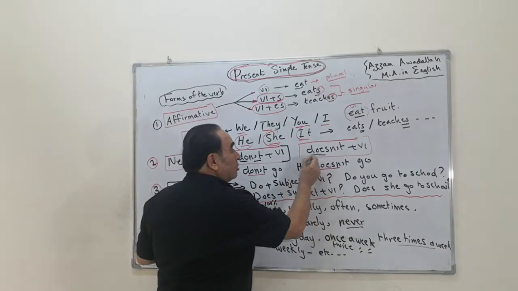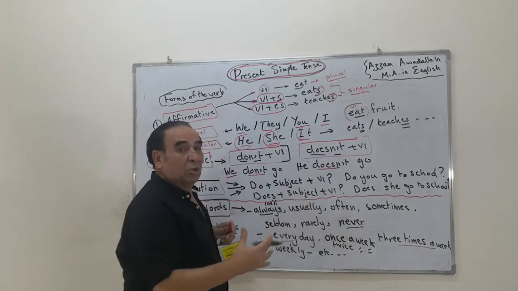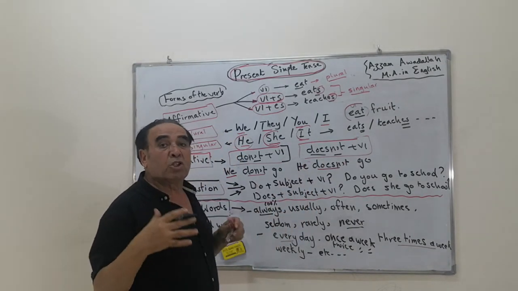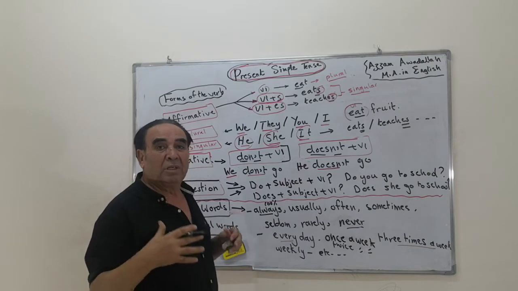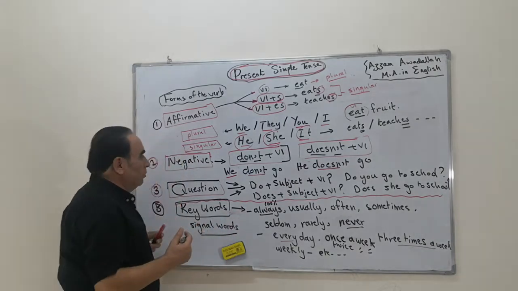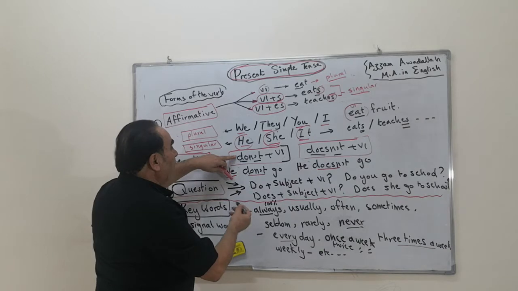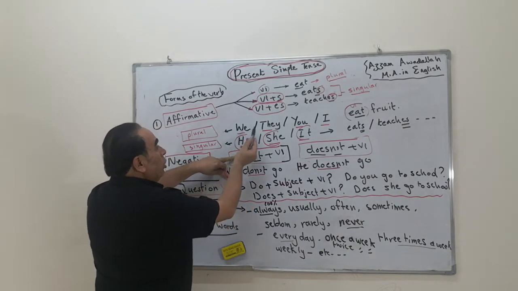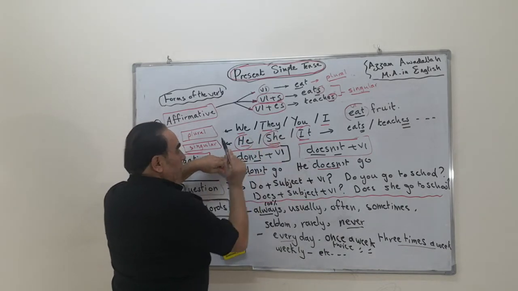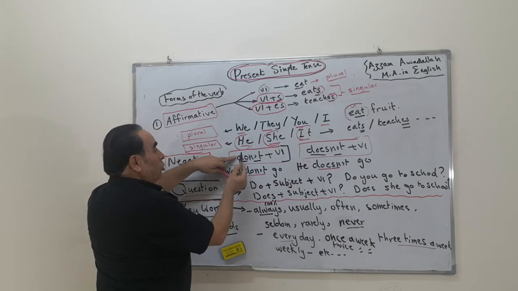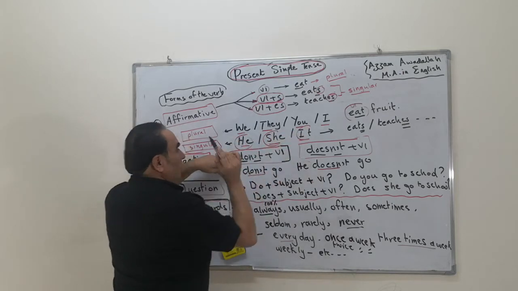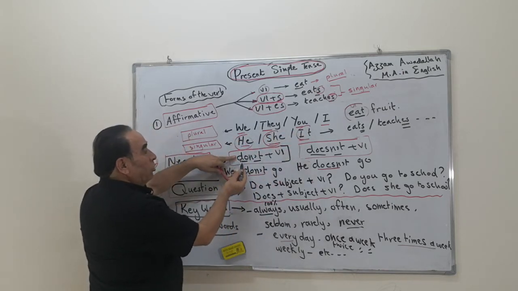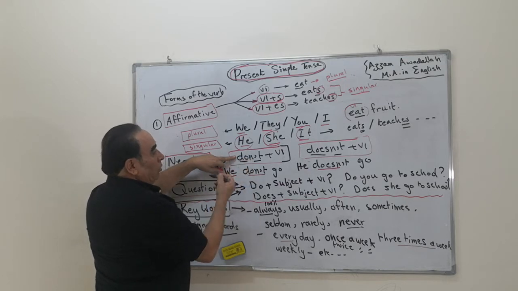But when we use does with not, doesn't with verb 1, this shows singular. Okay, so don't goes with we, you, they, I. We don't, they don't, you don't, I don't.